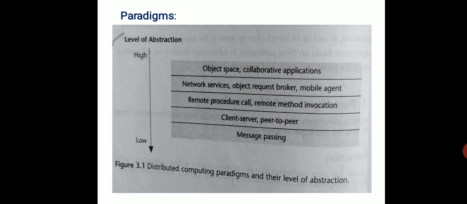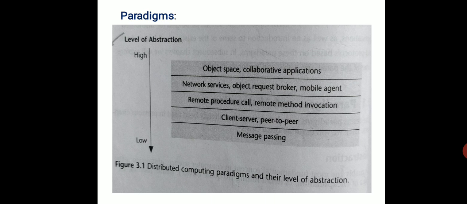So here are the paradigms, with the level of abstraction going from high to low downwards. At the lowest level is the message passing paradigm, and then client server, peer to peer, remote procedure call, remote method invocation, network services, object request broker, mobile agent, object space, and collaborative applications.